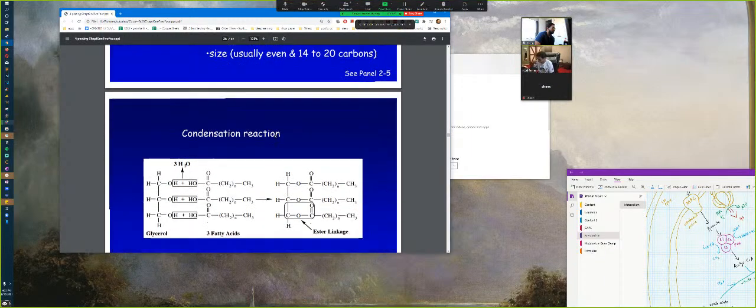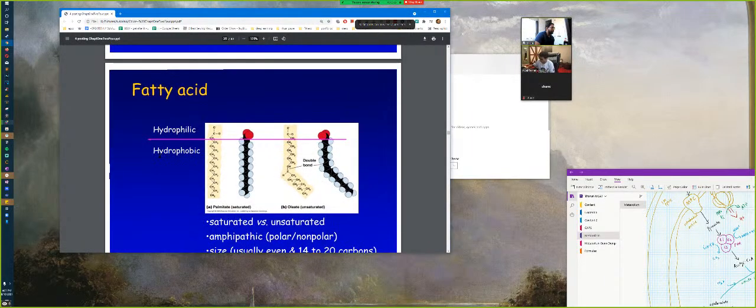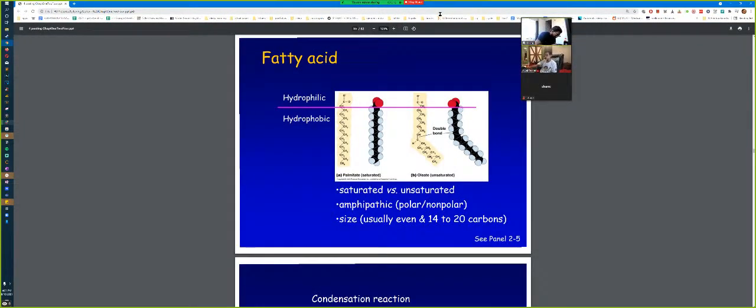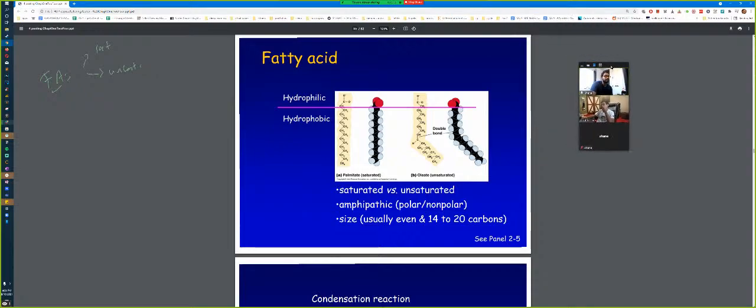All right, so we left off here. For the fatty acid part, I want you to distinguish between saturated and unsaturated. They're referring to saturation with hydrogen.